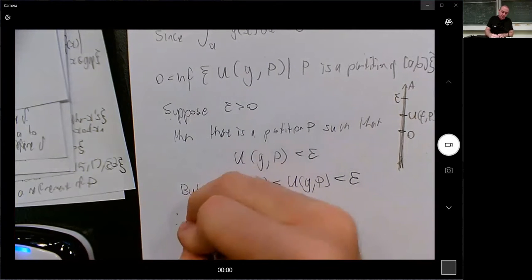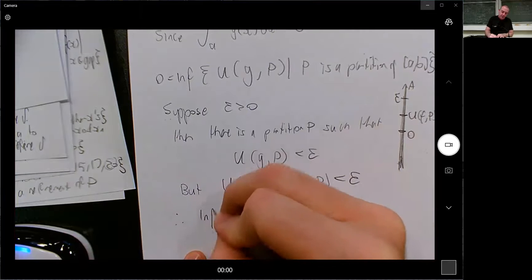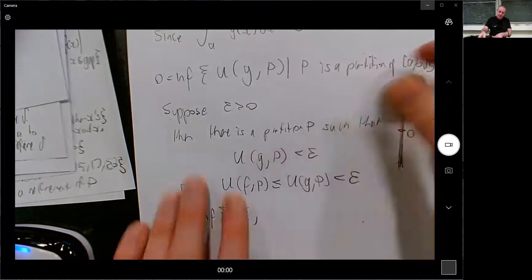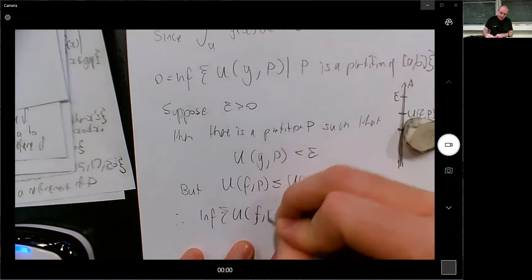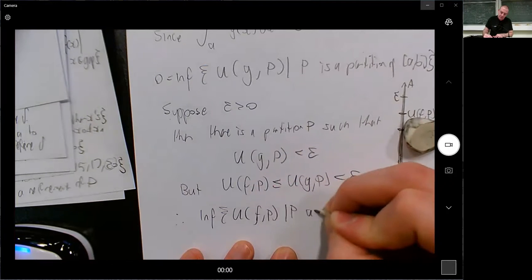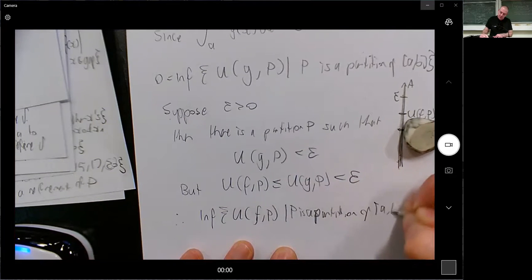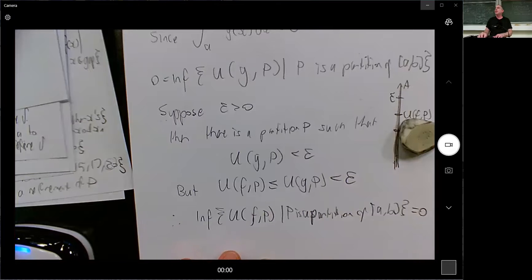And so, therefore, the infimum of the set of U of FP such that P is a partition of AB must also be 0. Yep, because I can get as close to 0 as I want.